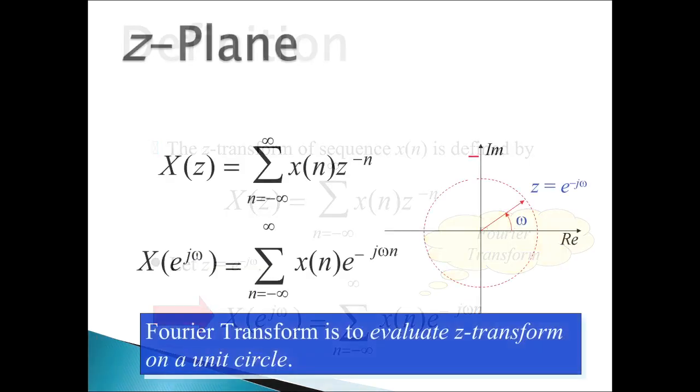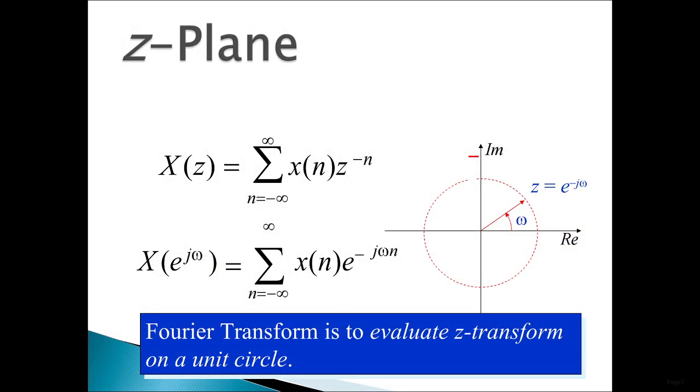Then I am going to explain the Z plane. That means we should know the region of convergence. In the Laplace transform also we have studied the region of convergence, that is ROC in short. The range of values of z for which x of z converges is called the region of convergence, that is ROC.